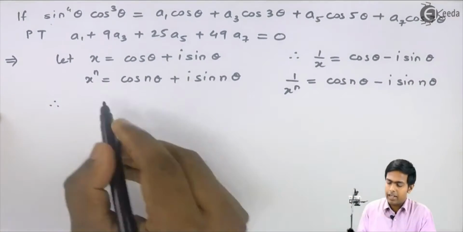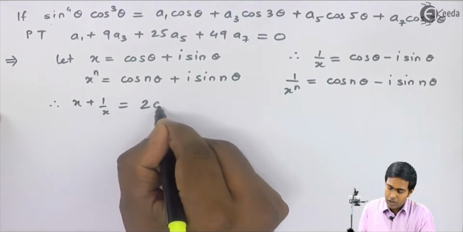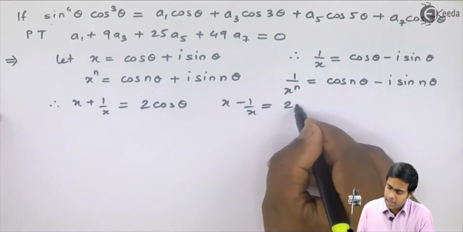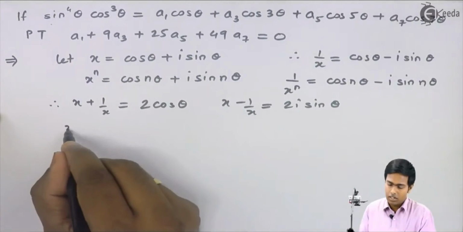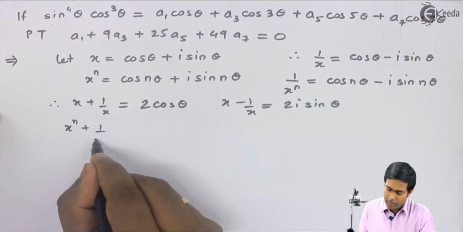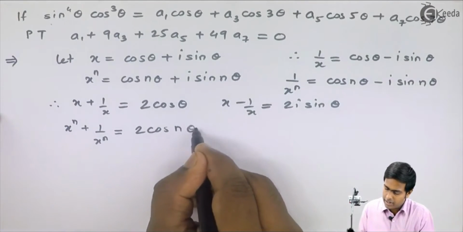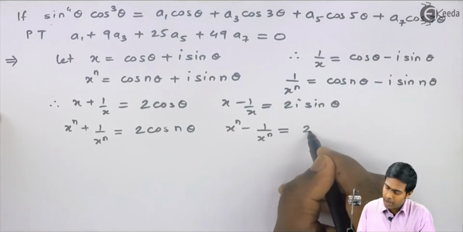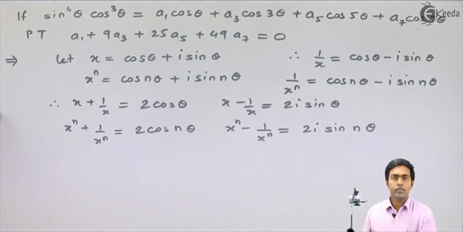Now we'll add x and 1 upon x, so we'll get x plus 1 upon x as 2 cos θ and x minus 1 upon x as 2i sin θ. Similarly, we'll get xⁿ plus 1 upon xⁿ as 2 cos nθ and xⁿ minus 1 upon xⁿ as 2i sin nθ.